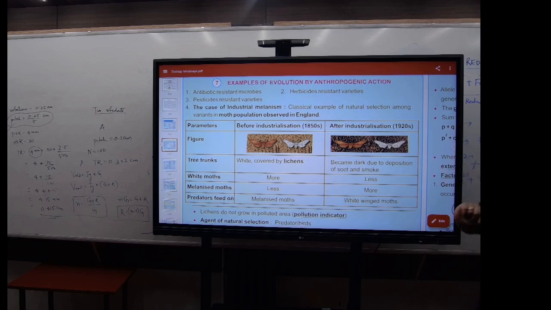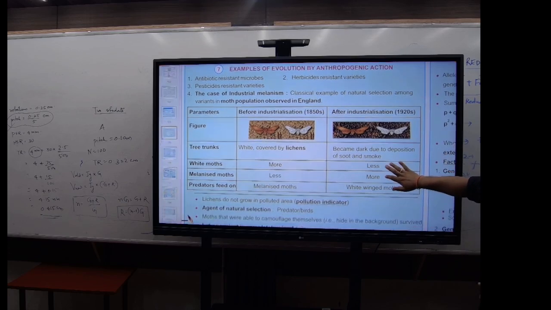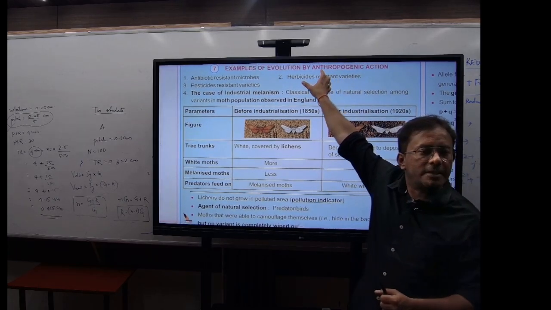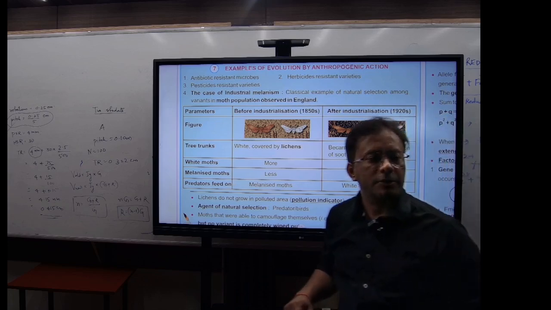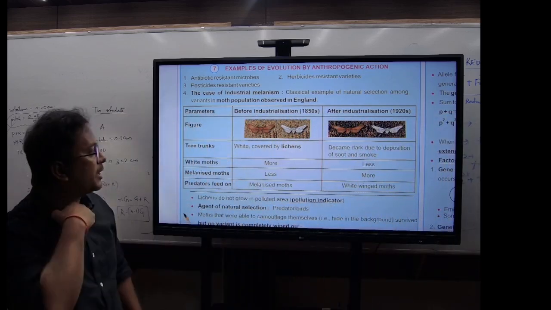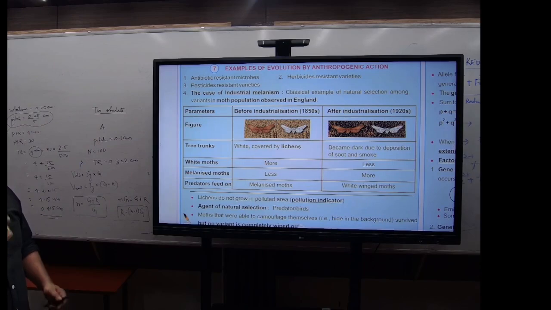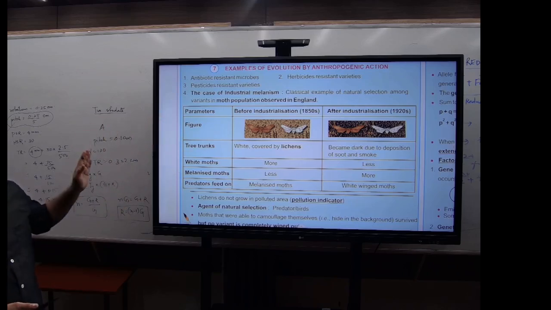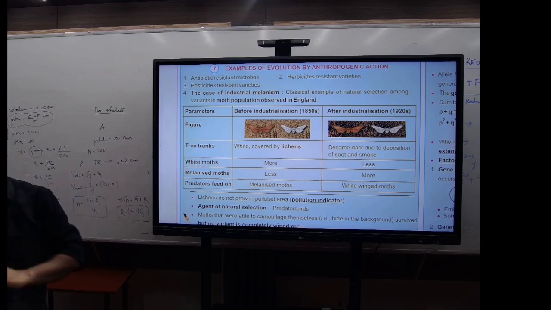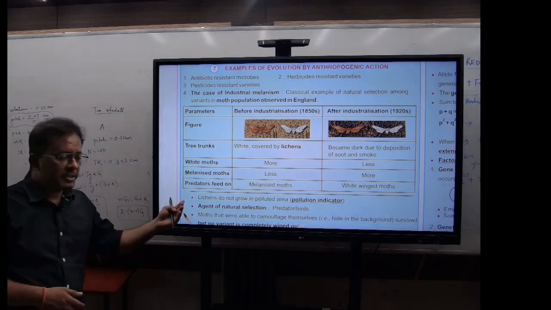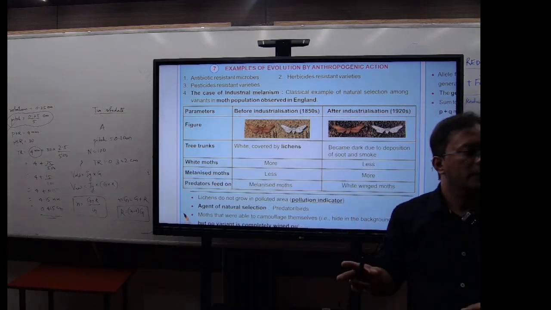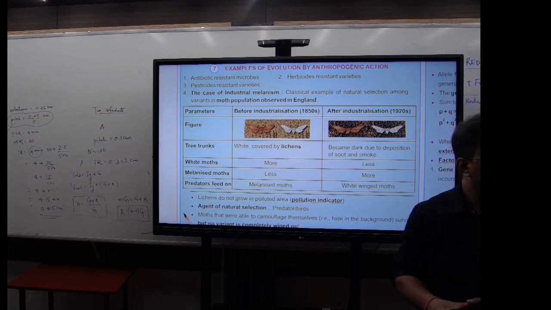Now, evolution by natural selection is an example here. This is artificial selection, and this is natural selection. A best example is about the small insects called moths, observed or collected in England before industrialization and after industrialization. Before industrialization, in the 1850s, there were two kinds of moths, the white-winged and the dark-winged.